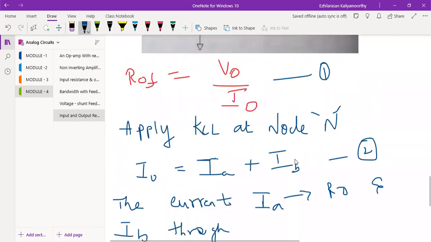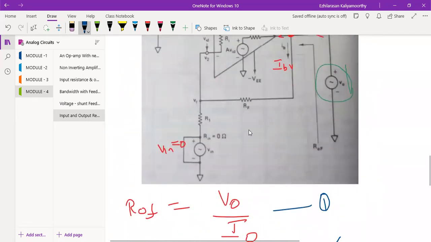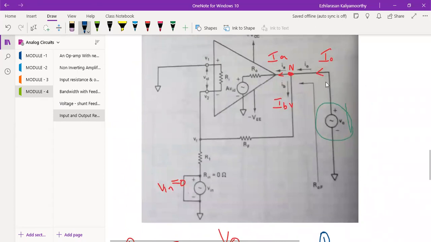So let us take this piece of network. Which network we have to take now? From the IB we are getting this and this. So we have to be very careful in this. In the IB path, RF will be there, R1 also will be there. Then you need to check along with this, RI also is there.